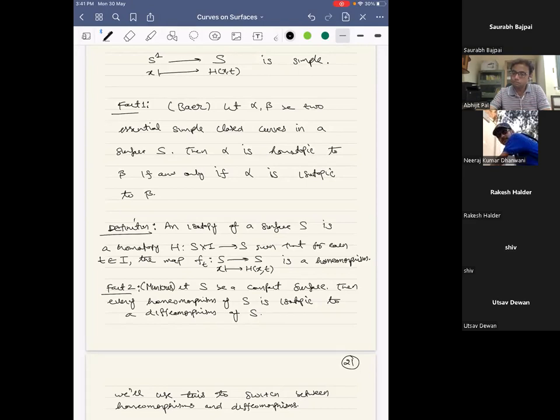So by isotopy, you mean homotopy by homeomorphisms. In general homotopy, there is no guarantee that each of these maps is a homeomorphism. This could be any continuous map, but here you demand that each F_t is a homeomorphism. Then you call it an isotopy.